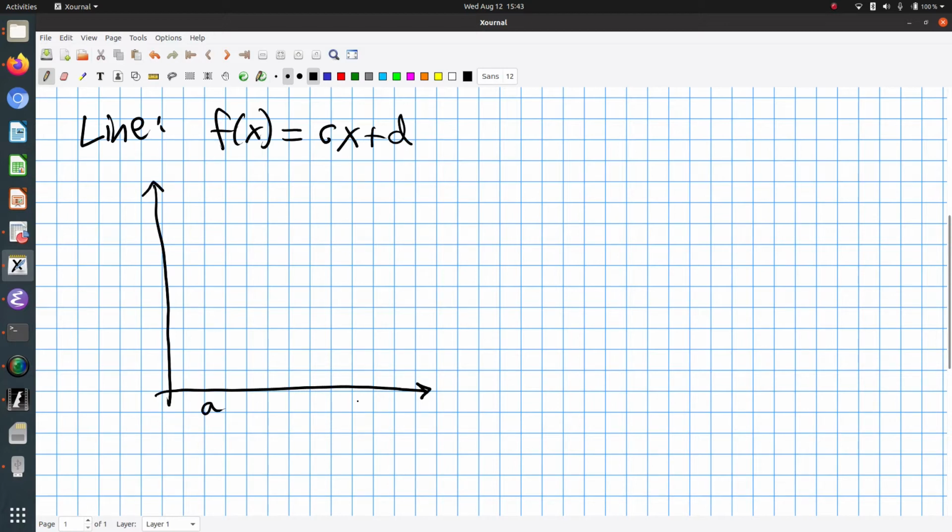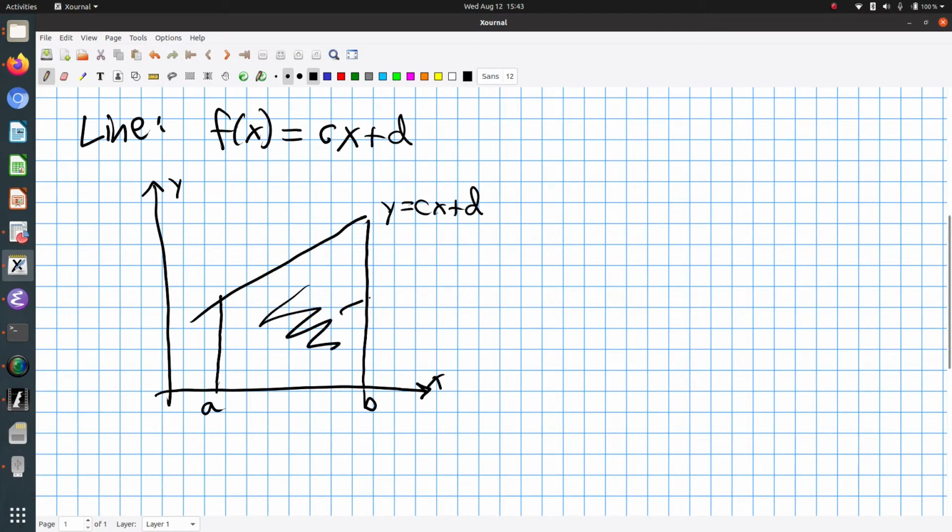So here's my a and my b. There's my function as some line, y equals cx plus d. That's the equation of a line. And I want to find the area of this region.